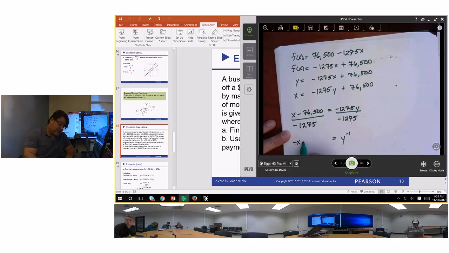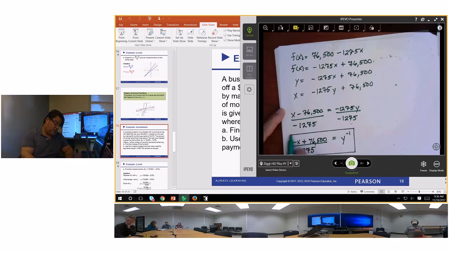That'd be x plus 76,500 divided by 1275. What I did is I multiplied through each term by negative 1. Now negative 1 over negative 1 is what? Positive 1, so I'm not changing anything. So there is your function.